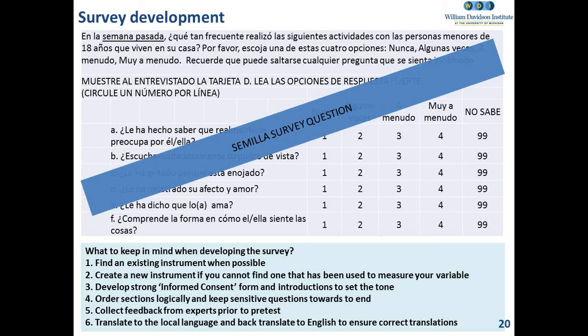Especially for instruments that measure self-efficacy, self-confidence, role in the family, interaction with children, etc., we really looked at psychology publications.